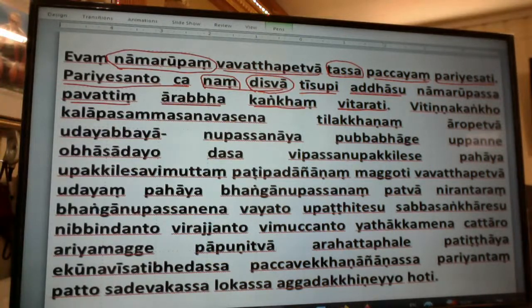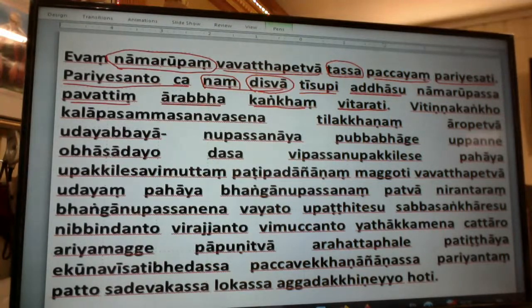A lot of problems come from Vichikiccha, doubt. If you doubt another person, even a family member, it's not good. But here Namarupa is more important.